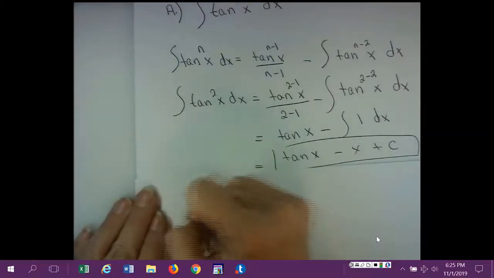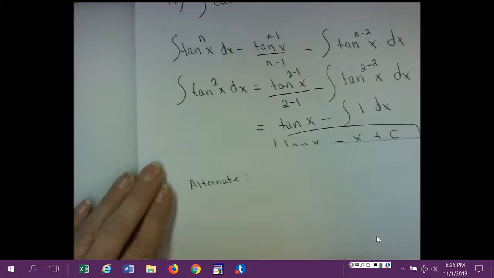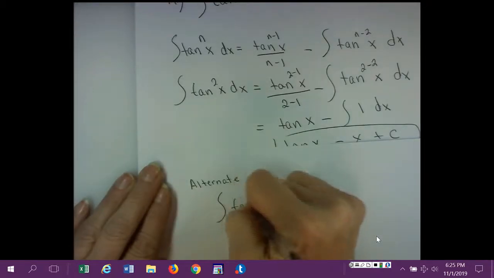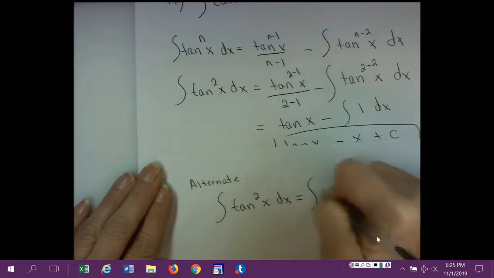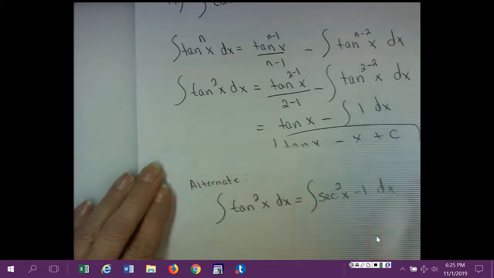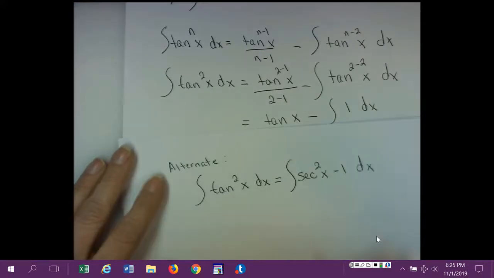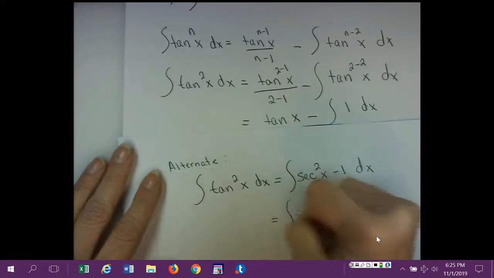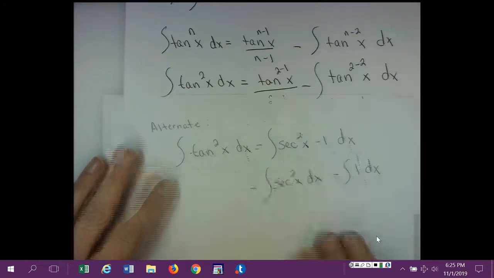So the alternate way that helps you to avoid the reduction formula is to take tangent squared and rewrite it with secant squared x minus 1, because they are equivalent by the Pythagorean identity. Then you could break it up into secant squared x dx minus the antiderivative of 1 with respect to x.